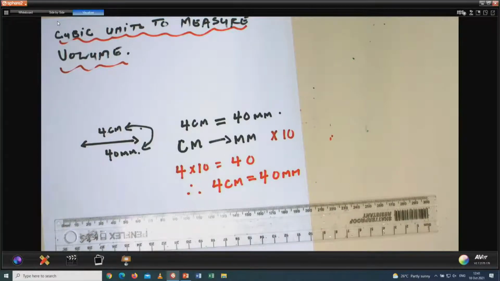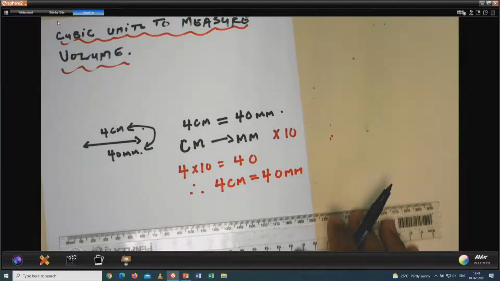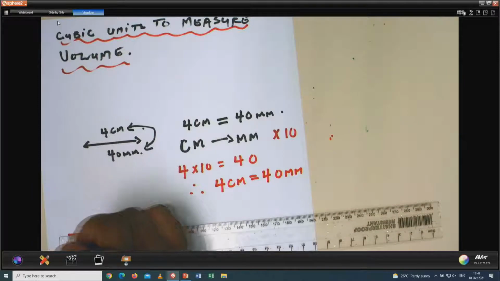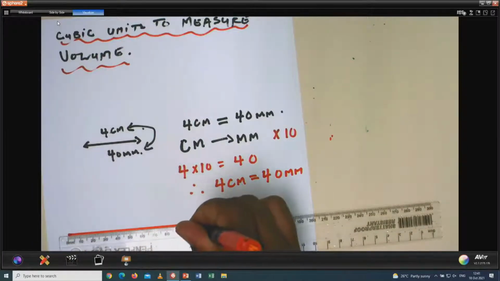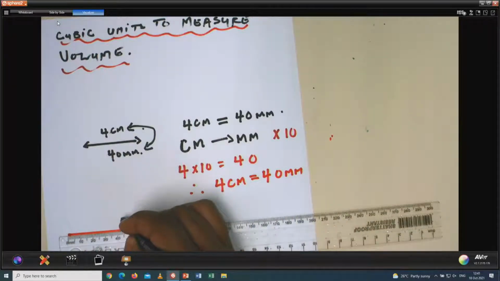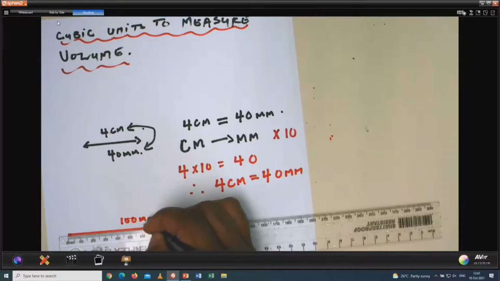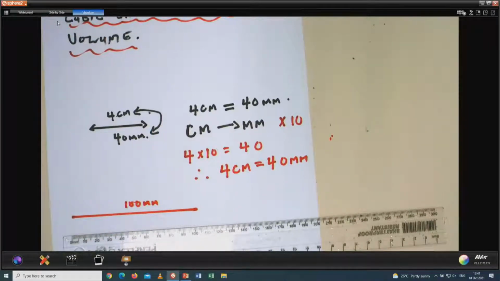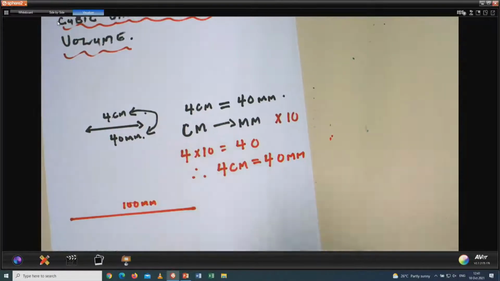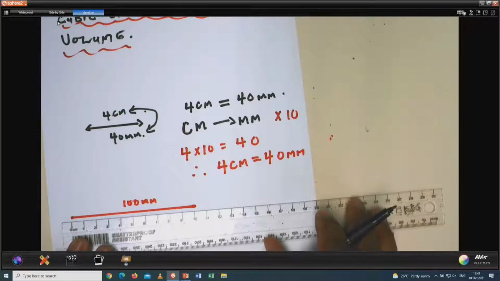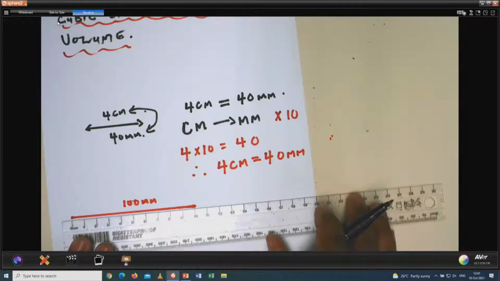The same applies. Let's check if I have a line that measures 100 millimeters. It will be equivalent to what length in terms of centimeters? Let's use this ruler and place it here accurately.